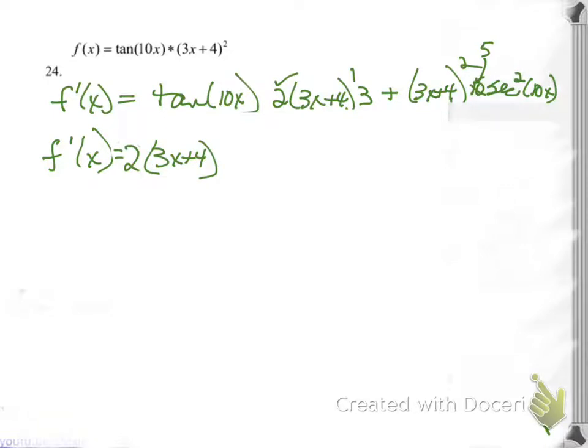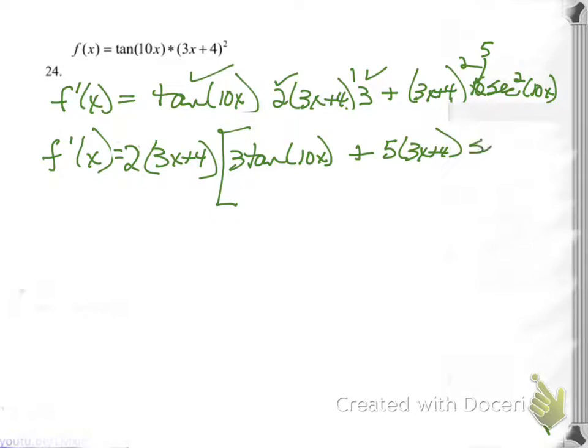And I factored out the 3x plus 4. Use your bracket. I now have 3 times tan 10x. That takes care of this and this. And then plus, I have 2 and I have 3x plus 4, so I need a 5 still, a 3x plus 4, and then now I have a secant squared 10x, and I'm done.